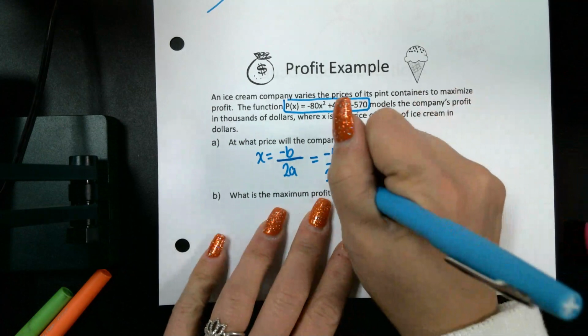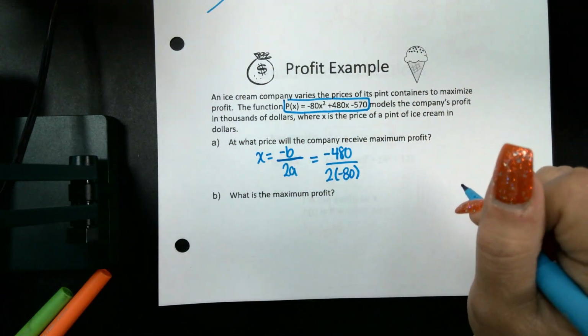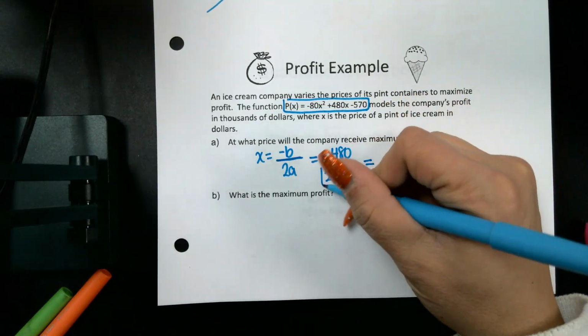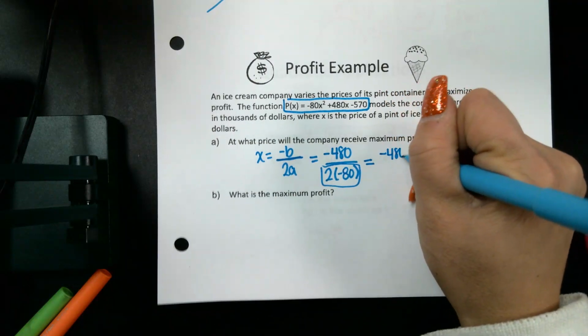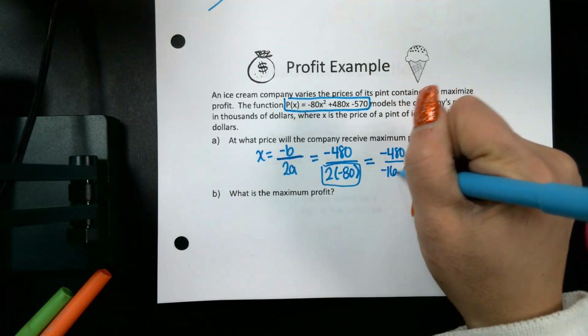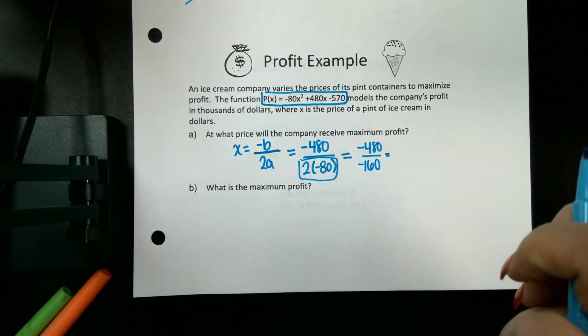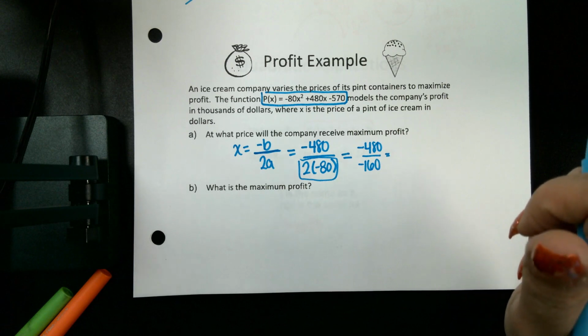Negative 80. Multiply out the bottom before you do your division. You should get negative 160.